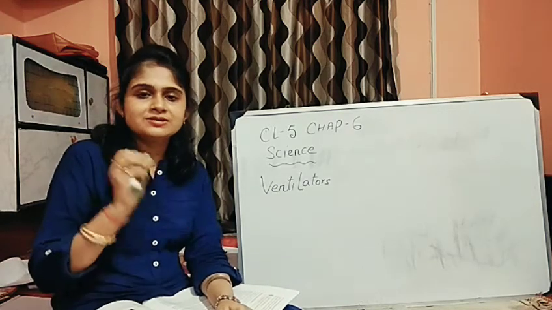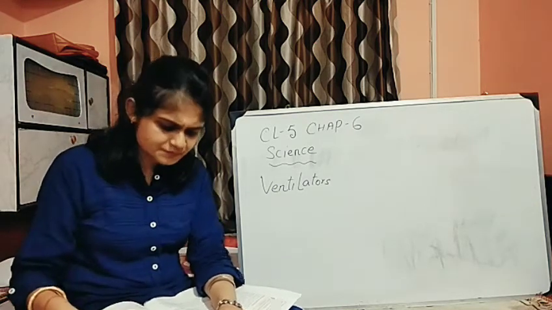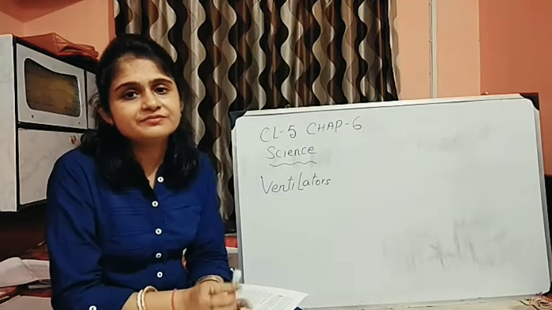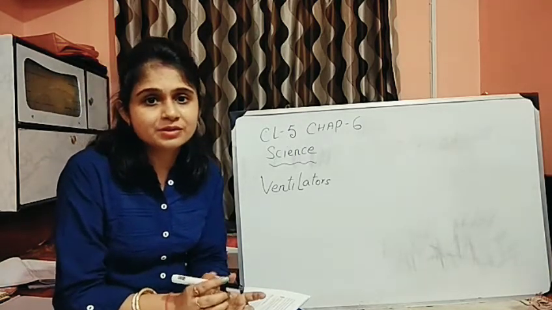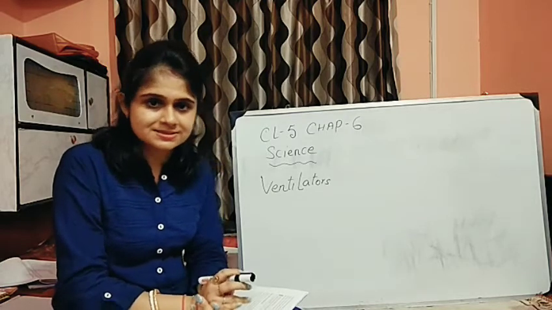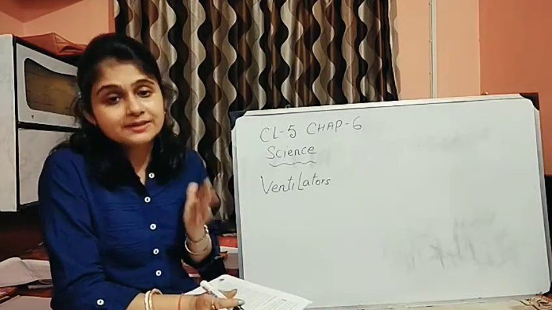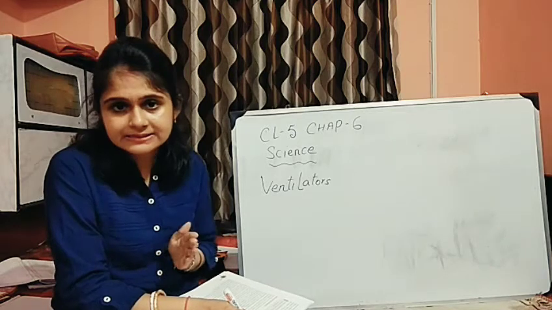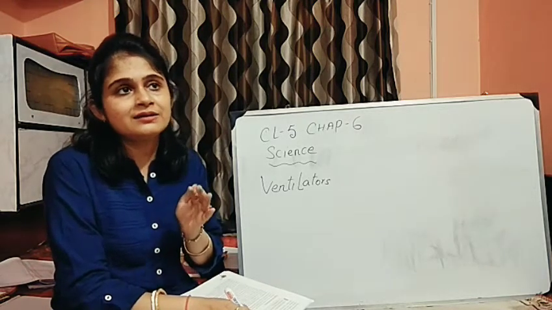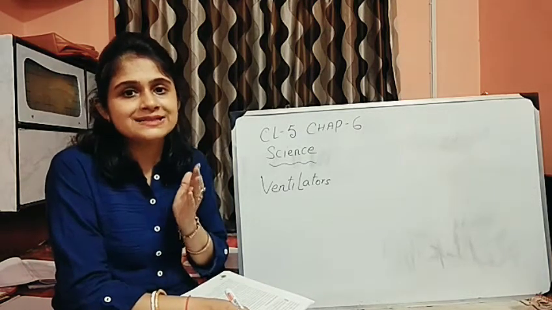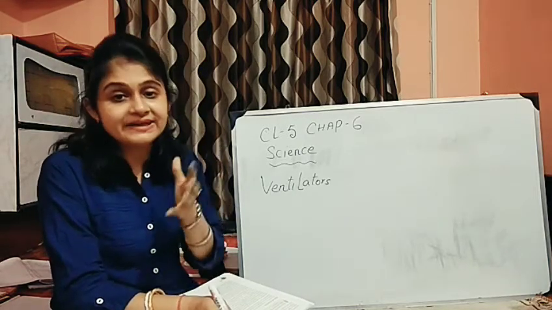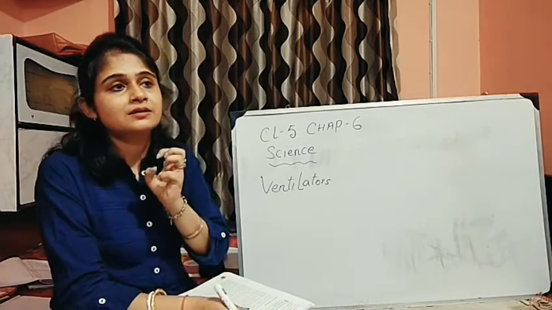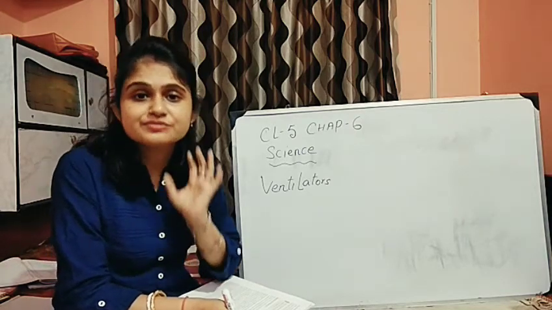In this way it keeps on moving. So this is all about ventilation. That is what we know. If we talk about KWL, the learning part is this, that it's very important to have ventilators in a well established house. A well ventilated house can be said to be a proper house to live in.